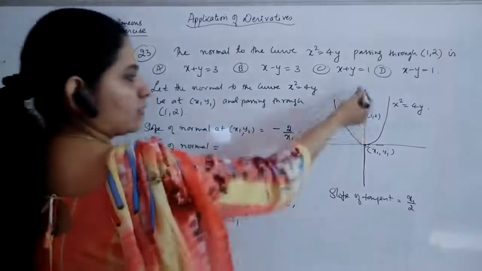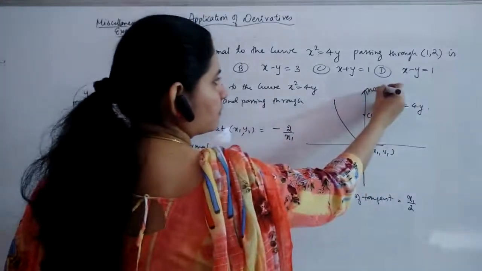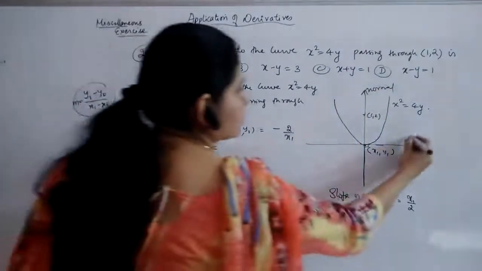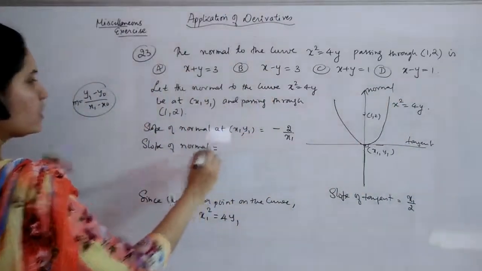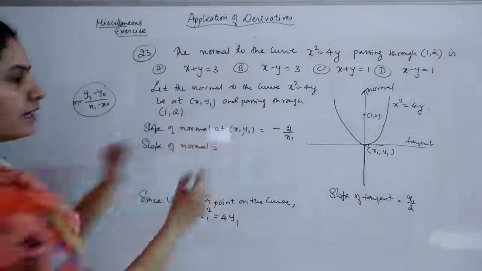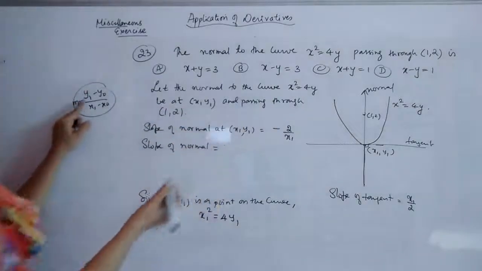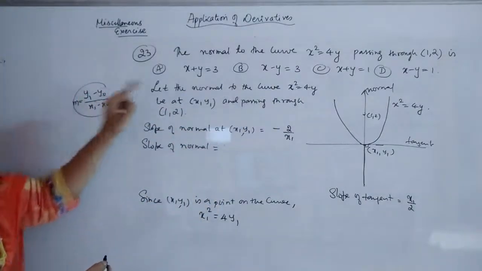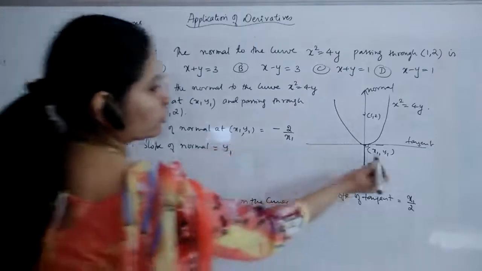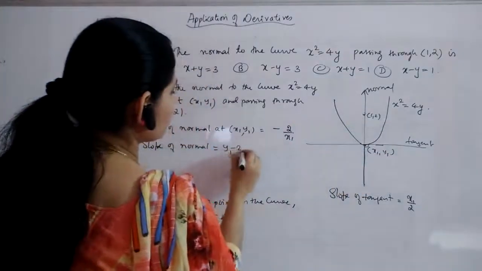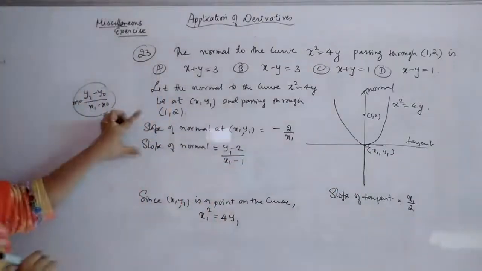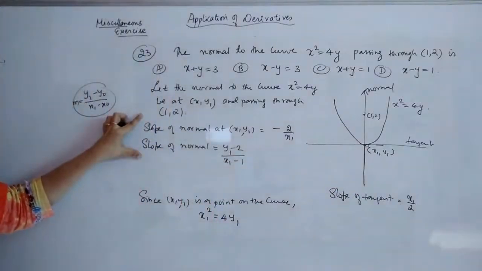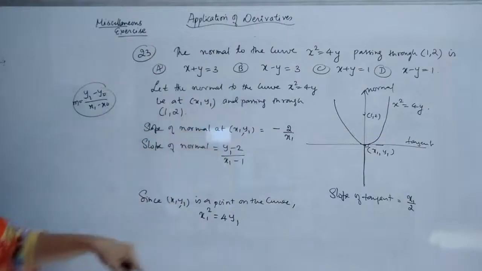So slope of the line means this is the line, the normal, and this is the tangent. So slope of the normal, again if I am finding out using these 2 points, I can write it as (y1 minus 2) divided by (x1 minus 1). Okay, both are slope of normal. So we can equate them.